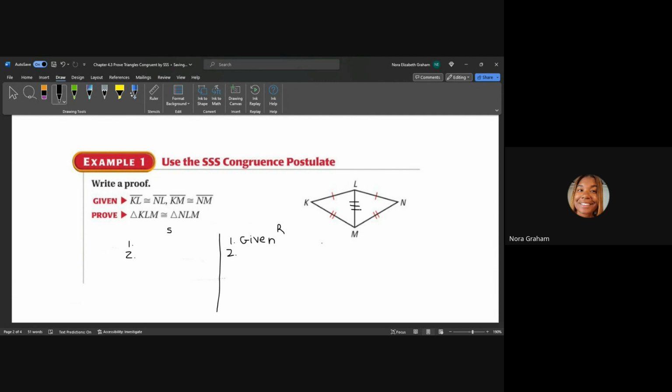In order to do this, remember in my last video, we used the reflexive property. So I can say LM is congruent to ML, and this is by the reflexive property.